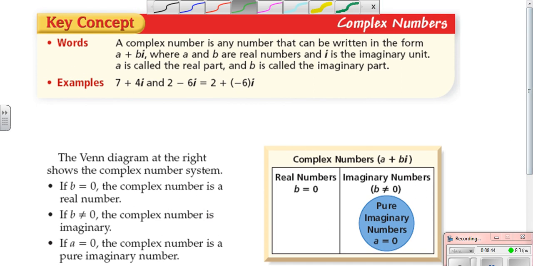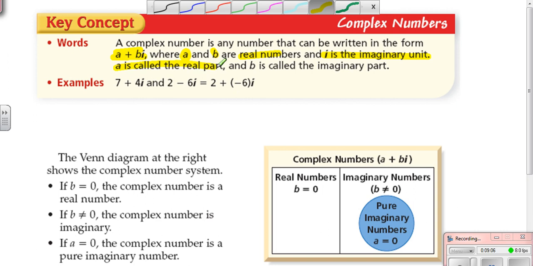Now when these imaginary numbers get mixed with real numbers, we end up with a complex number. A complex number is any number that can be written in the form a plus bi, where a and b are real numbers and i is imaginary.